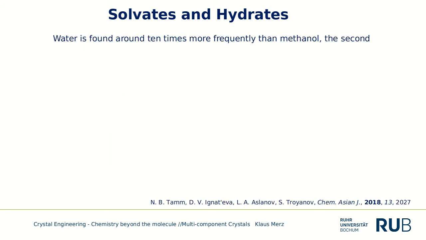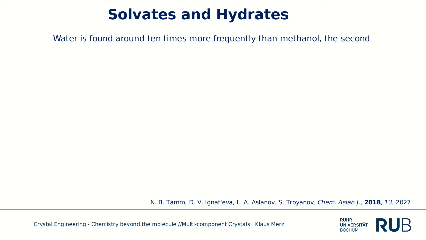Well, in general, you will see in the crystal structure database the most favorite solvent is water. This is 10 times more frequently found in crystal structures than the second best, so on the top 10. And the second best is methanol.